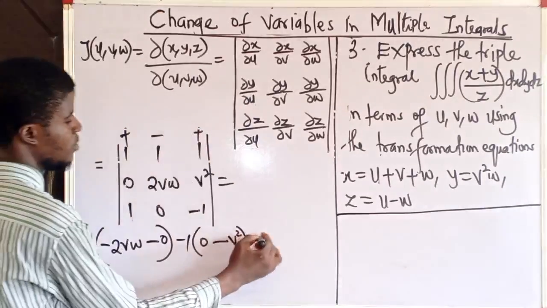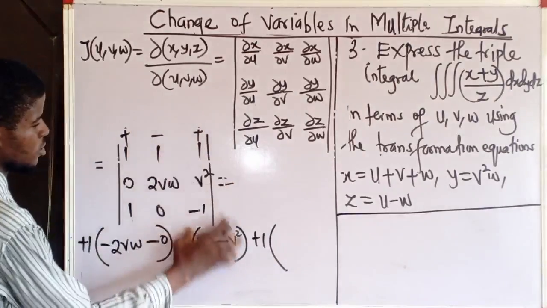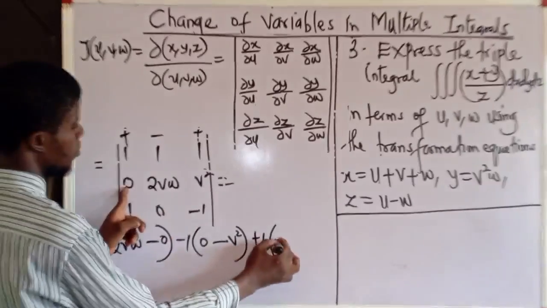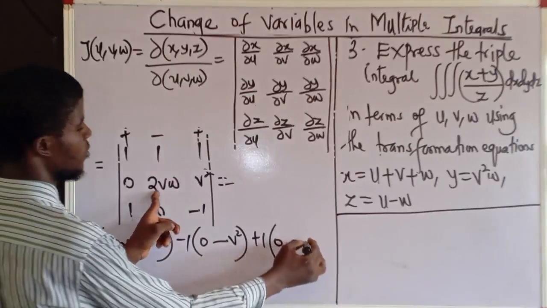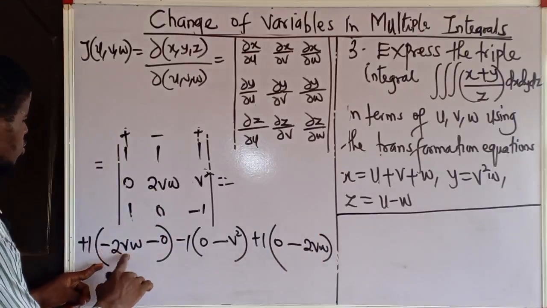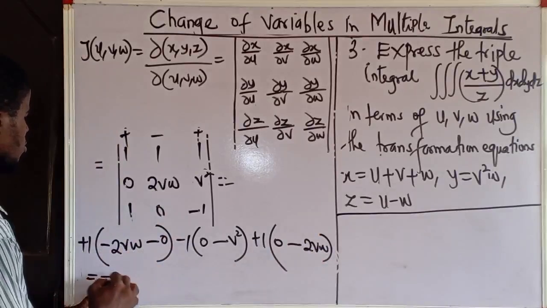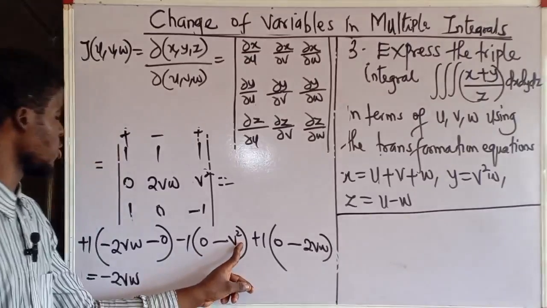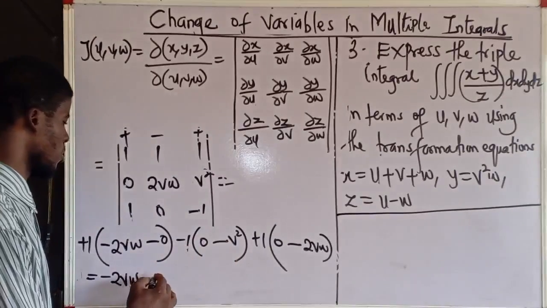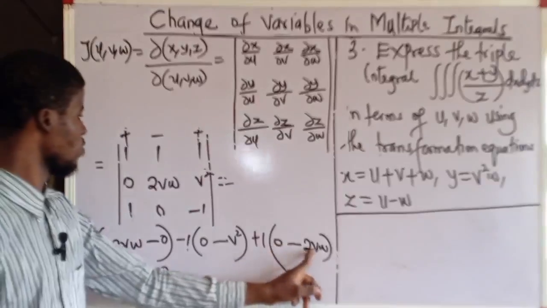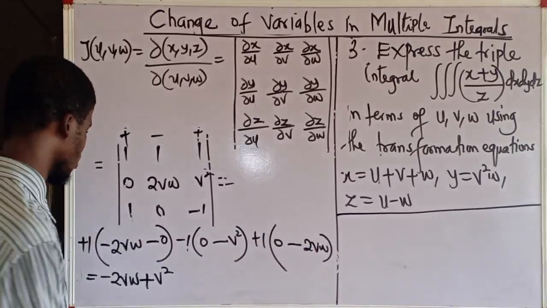Then we'll take plus 1. Close this, close this. We have this, and this. 0 times 0 is 0. This times this, 2vw. So minus 2vw minus 0 is still minus 2vw. 0 minus v squared is minus v squared times minus 1. That will be plus v squared. 0 minus 2vw is minus 2vw.